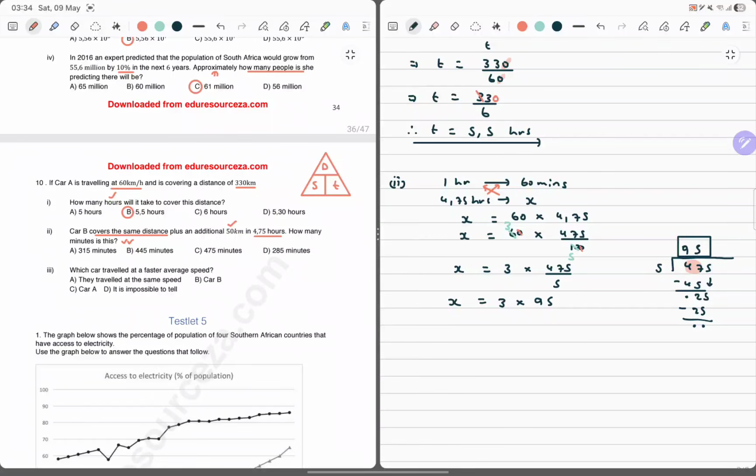Well, you can do the things again. You know, there's nothing wrong with doing things again. You see, guys, you want to pass, isn't it? 5 times 3, 15, carry 1. 9 times 3, 27, plus 1, 28. So the answer is 285 minutes. Yeah. Where is that? D.